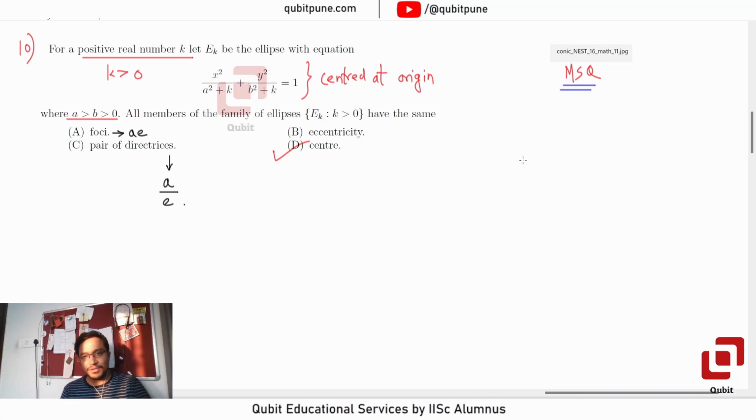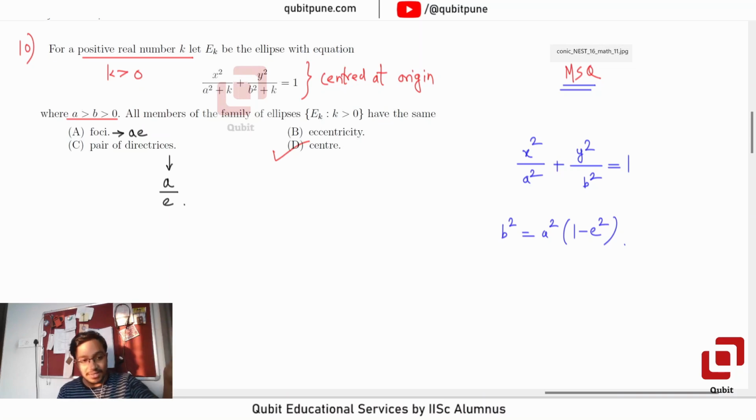I'm just writing down the formula for you. For this ellipse, b squared is given by a squared into 1 minus e squared.